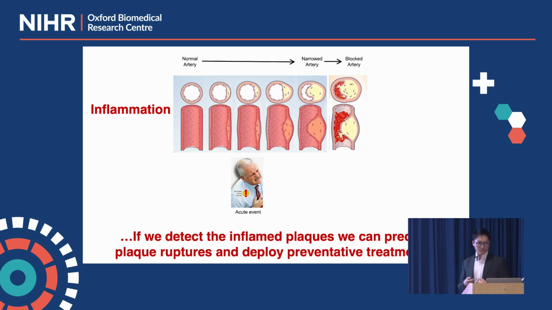And if we can detect inflamed plaques, these very vulnerable plaques that are at risk of rupturing and causing a heart attack, we can predict the cardiac events and actually deploy preventative treatments earlier to prevent this.